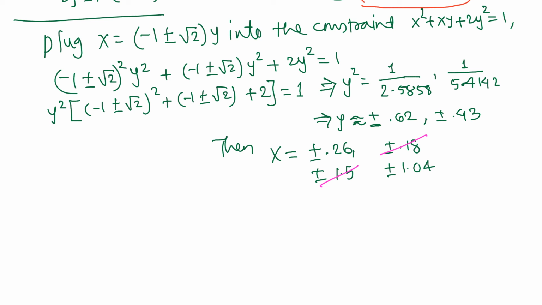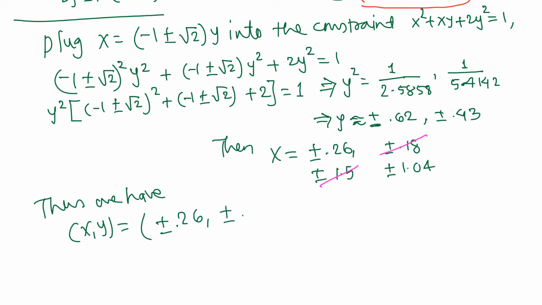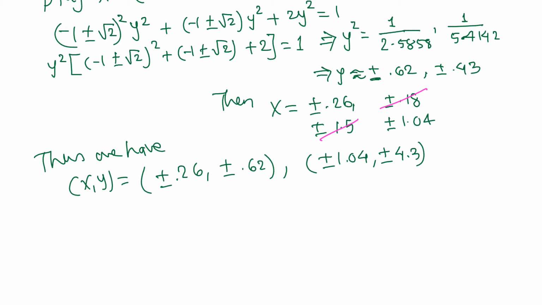So we have those nice points: x, y are now plus or minus 0.26 and plus or minus 0.62, and here x is plus or minus 1.04 and y plus or minus 0.43. Now we plug these into the objective function and find the distance.